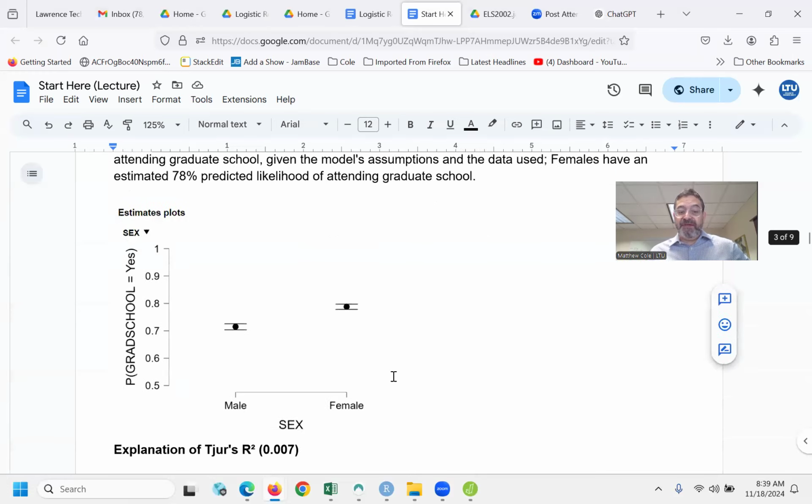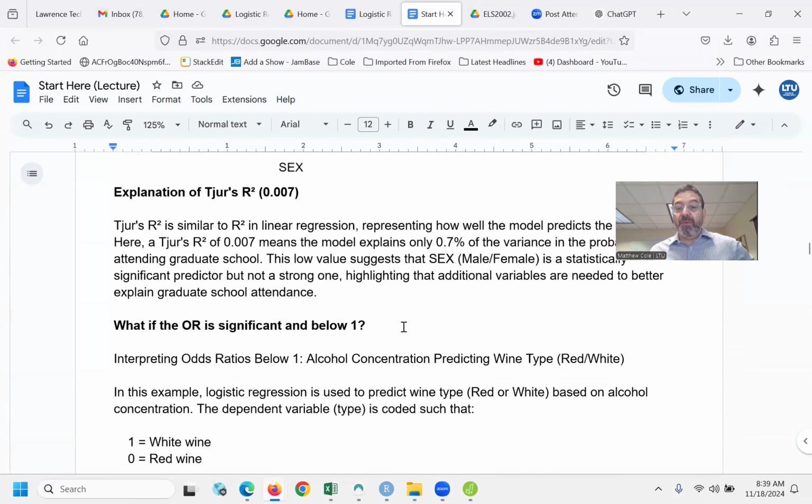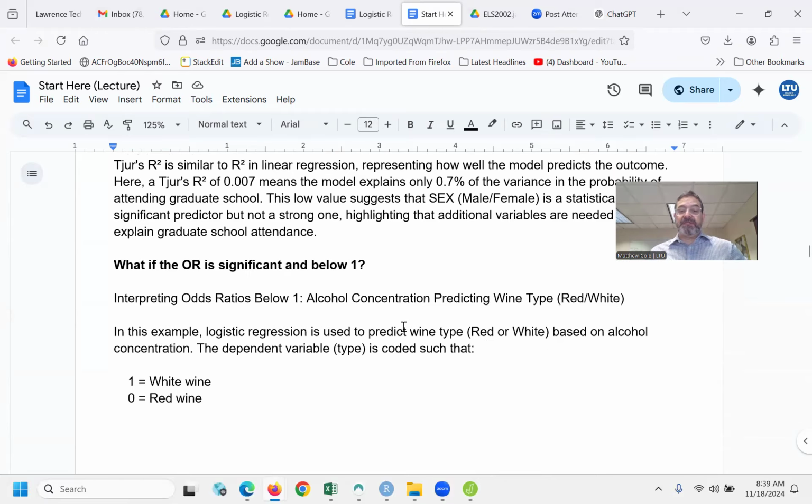But what if the odds ratio is below 1? It's a little bit confusing, but let me give you an example. Let's say we're trying to predict wine type. So our outcome variable, the binary dependent variable, is wine type, red versus white. Red will be the reference class.